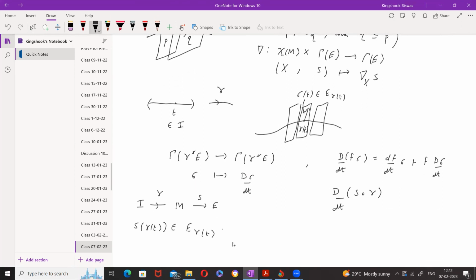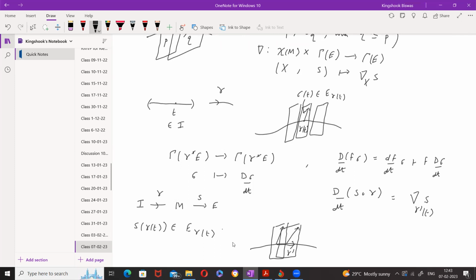So then it says if I take a section of E along gamma of the form S composed with gamma, then to differentiate it, all I do is take the tangent vector gamma prime and apply the connection to S with respect to the tangent vector gamma prime t.